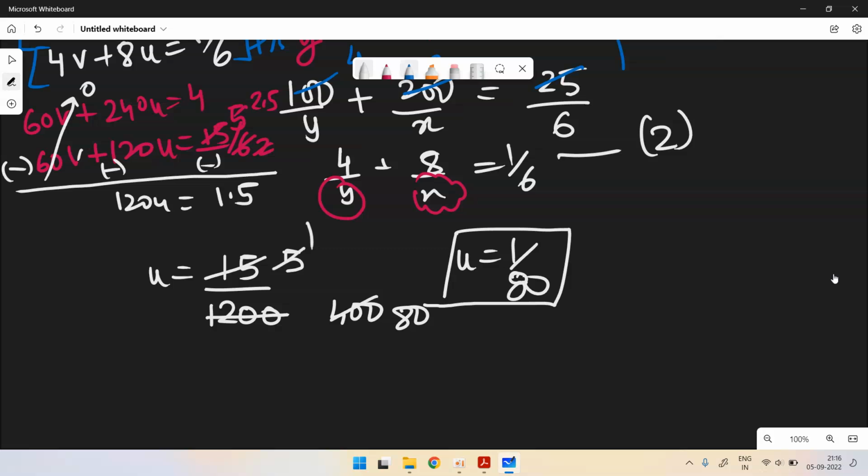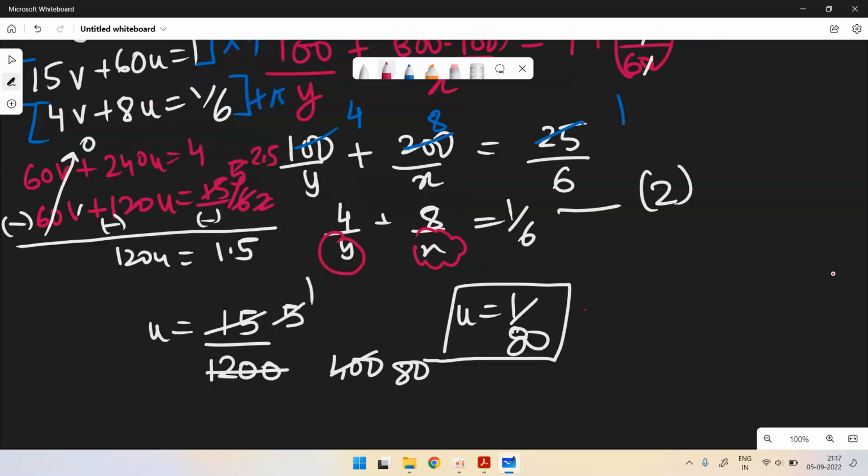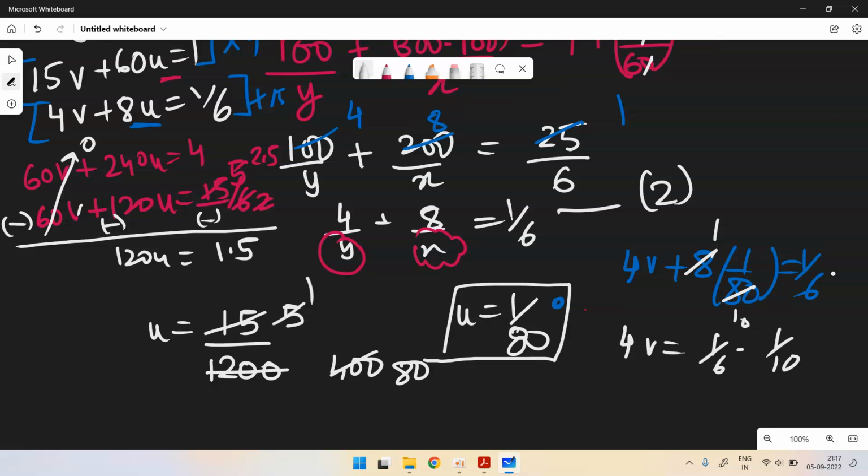I'm substituting the value of u into the second equation: 4v plus 8 by 80 equal to 1 by 6, and if you cancel, 8 ones are 8, 8 tens are 80, so 1 by 10. So 4v equal to 1 by 6 minus 1 by 10, which is nothing but 10 minus 6 by 60.